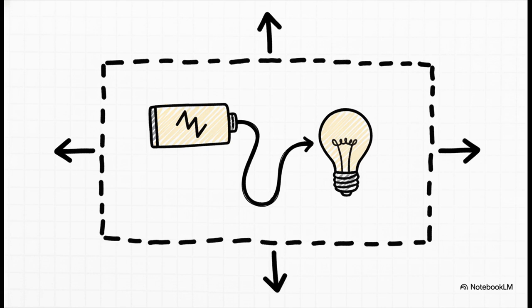By defining a system, scientists and engineers can track exactly what inputs are going in, what processes are happening, and what outputs are coming out. You could define your system as something as small as a single AA battery or as massive as the entire solar system. The key here is that we draw an imaginary box around our objects so we can watch how energy behaves inside that box and how it crosses the boundaries of that box.